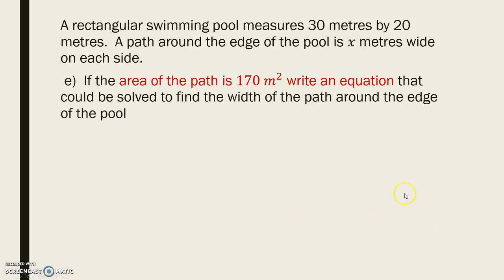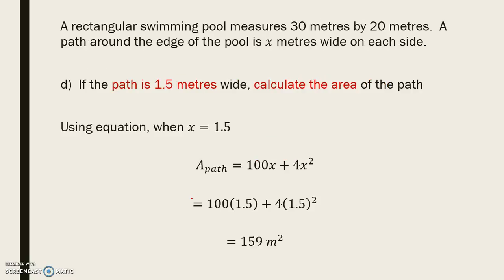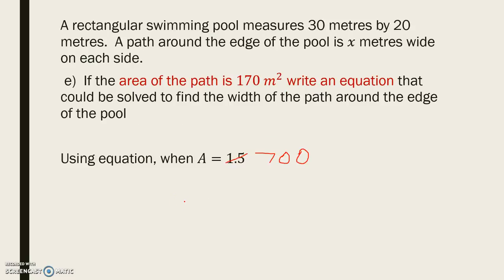And part E, the last one here: if the area of the path is 170 square meters, write an equation that could be solved. Okay, so this time we're going to use the same relationship we came up with. Area of the path equals that. This time, what we're looking for is 170 square meters.